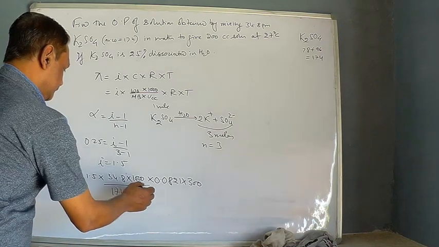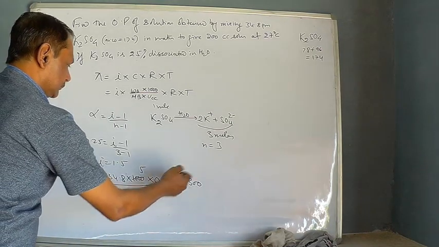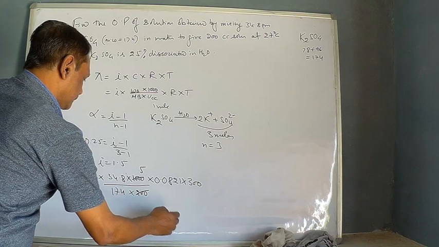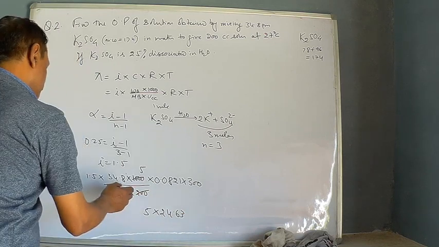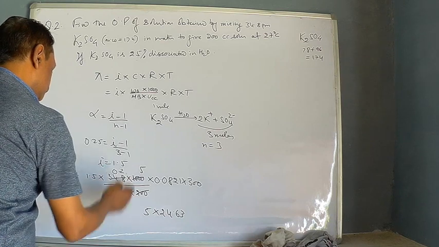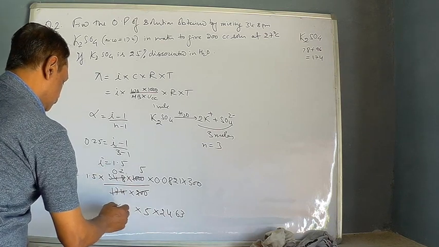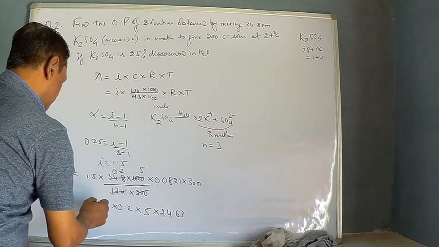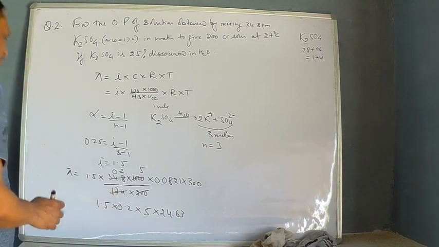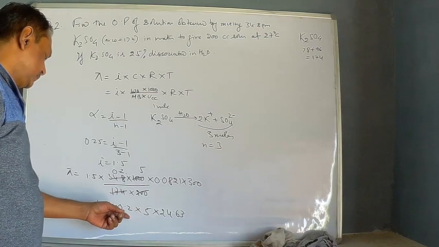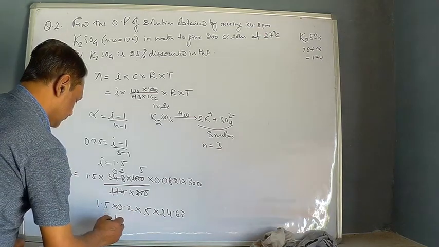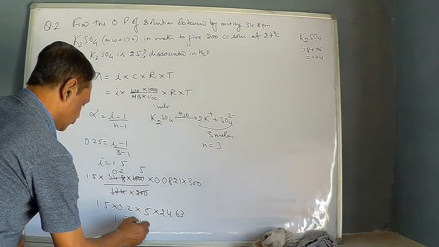Let us solve it. This 24.63 multiplied by 5, and this gives you 0.2. And here we are getting 1.5. So 0.2 multiplied by 5 gives you 1. 1 multiplied by 1.5 into 24.63.